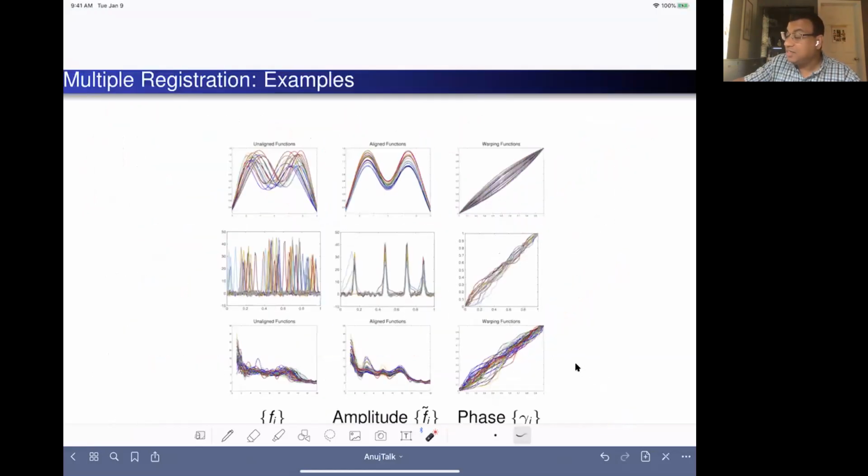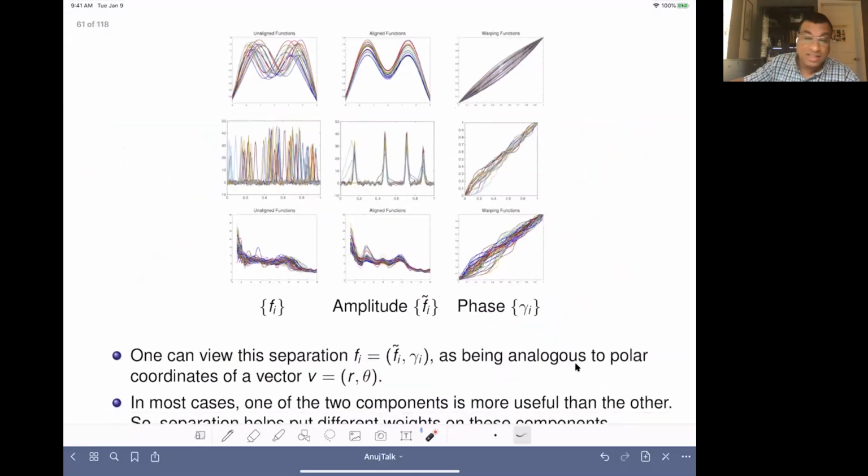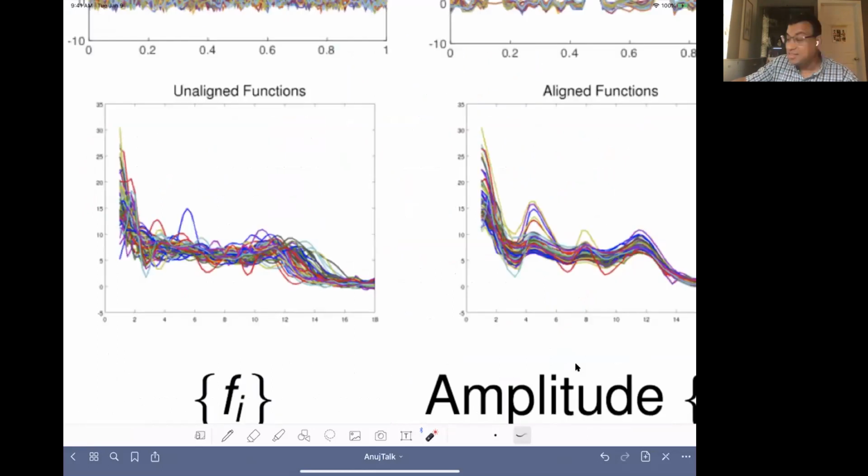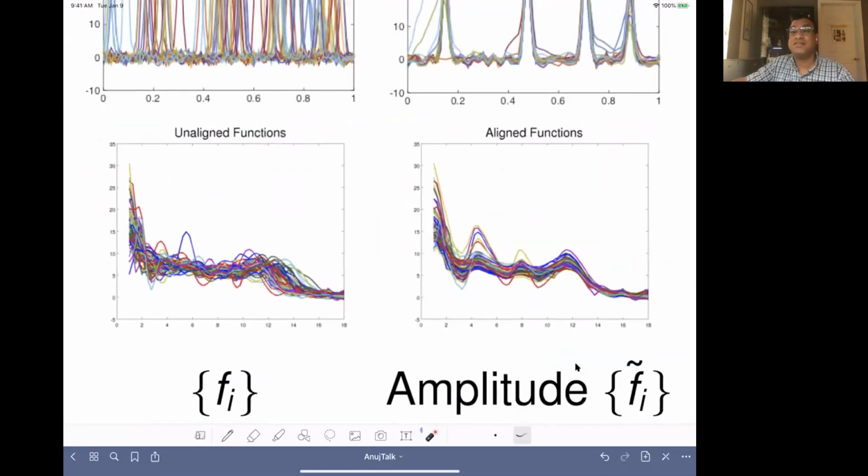One can do this on real data and on simulated data. If you work in functional data analysis, you must be very familiar with something called the Berkeley growth data. It is about the rate at which we grow in height over the years. These are the rate curves for some 30, 40, 50 individuals.